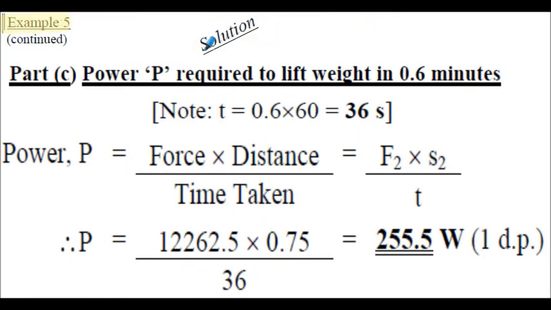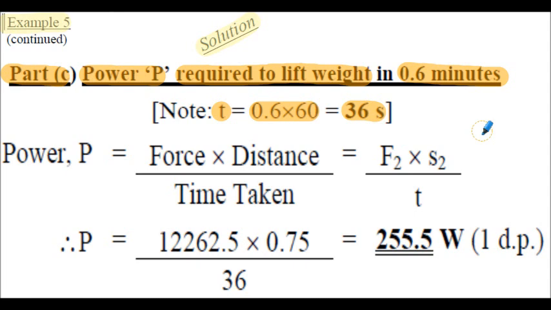Example 5, solution continued. What I've labelled as part C here, calculate the power, capital P, required to lift the weight or the load in 0.6 minutes. Just note for reference that the time taken here needs to be calculated in seconds, so 0.6 multiplied by 60, that evaluates to 36 seconds, is the time duration.